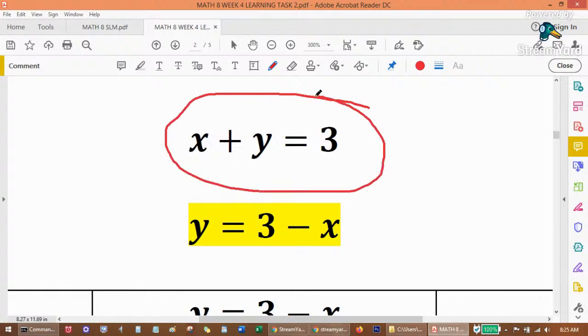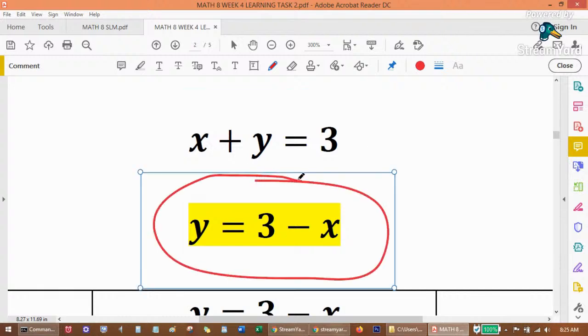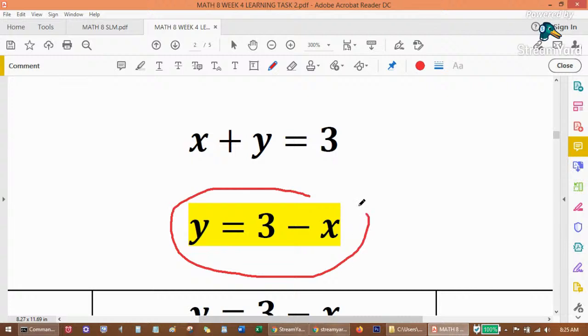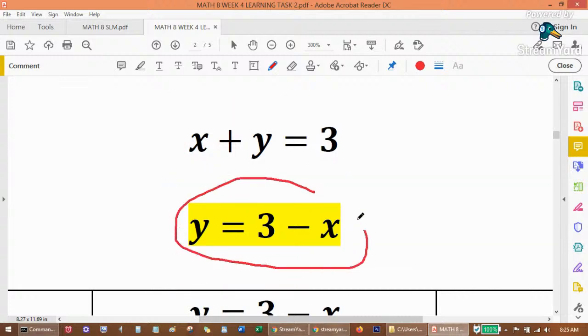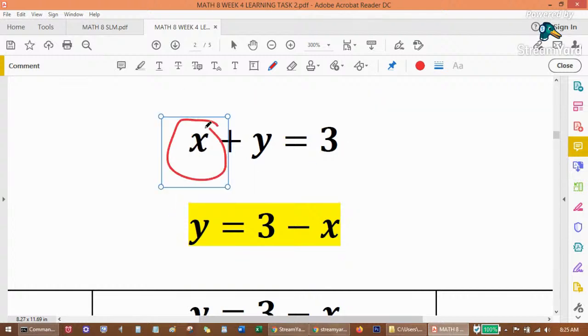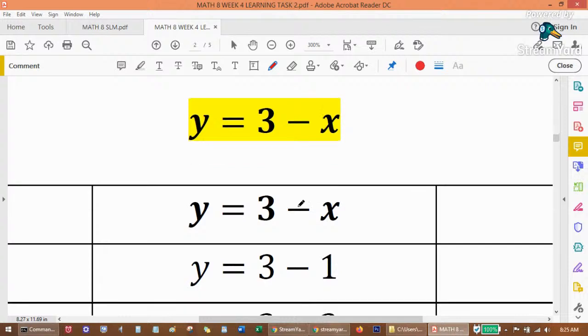So, itong dalawang to, they are equal. Pareho. Itong equation na to is ito din to. They are the same. Ilipat lang natin yung x sa kabila. Naging negative x. Okay? So, bakit natin ginawa yan?